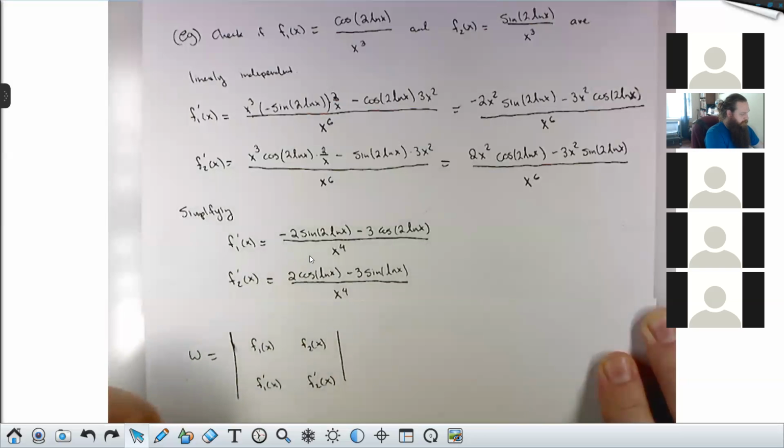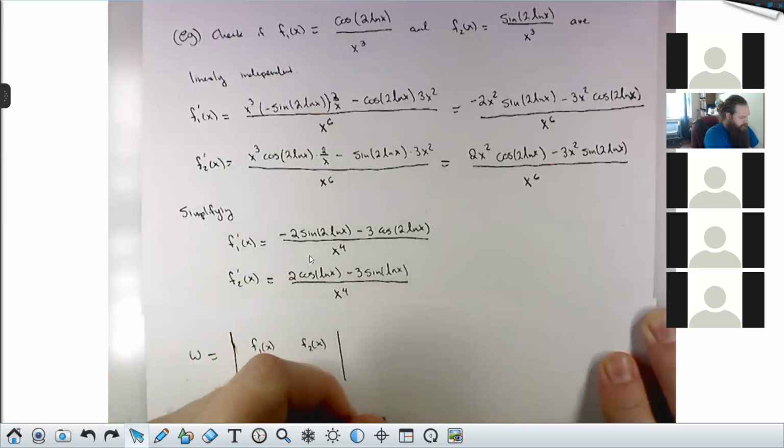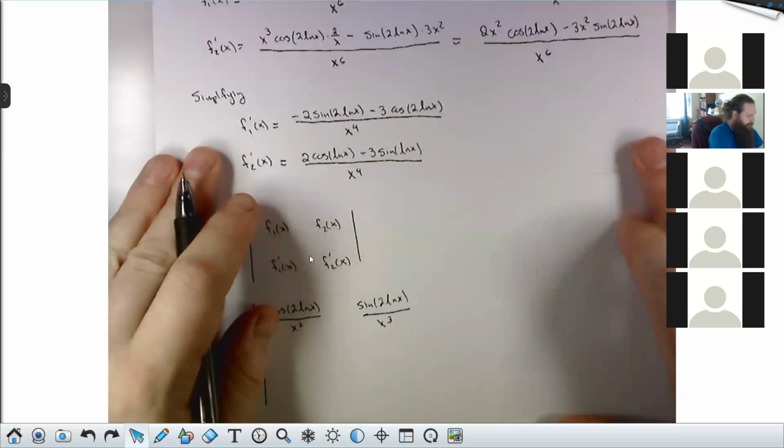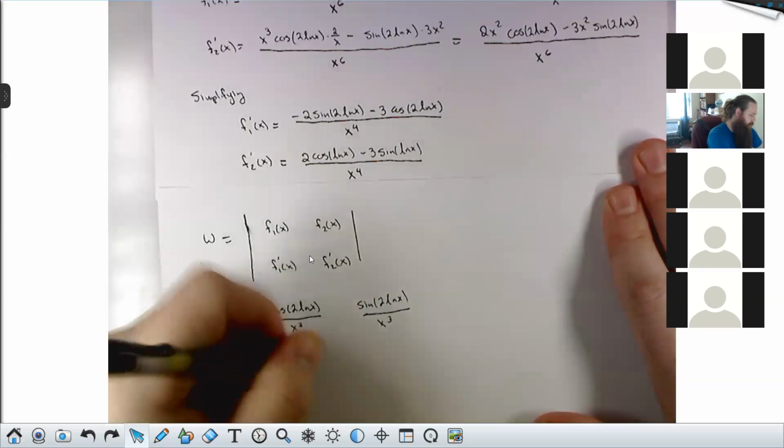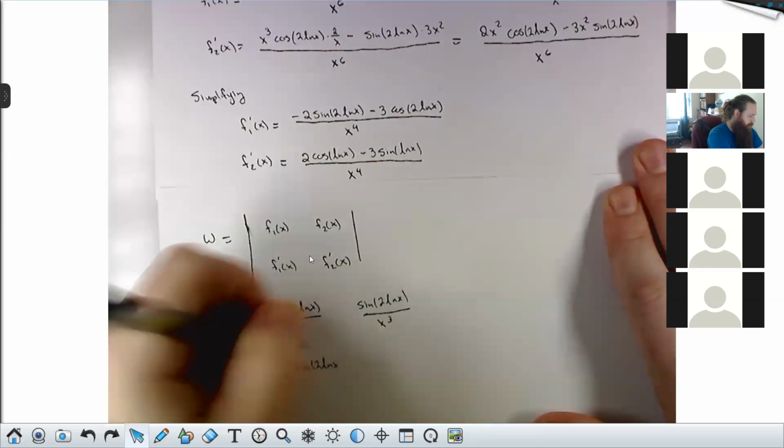Here that is the determinant: cos 2 ln x over x cubed, sine 2 ln x over x cubed, and then my derivatives, which are negative 2 sine 2 ln x.